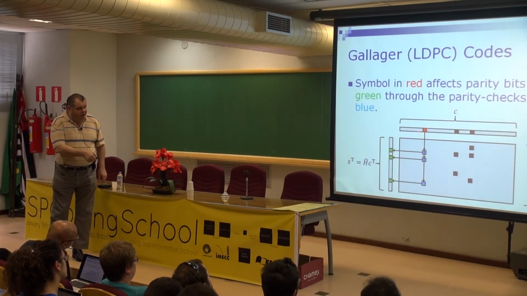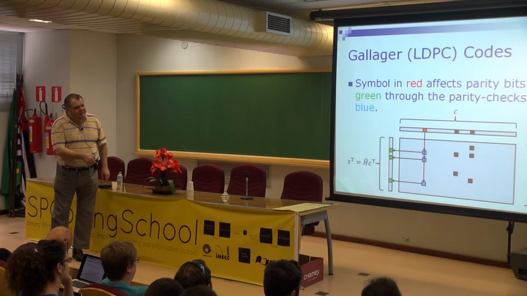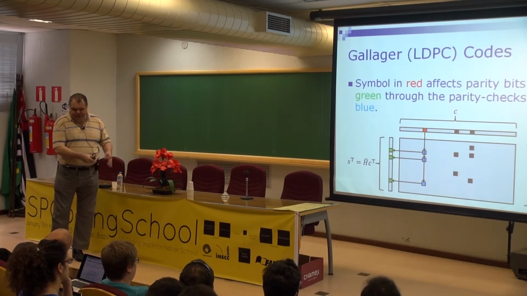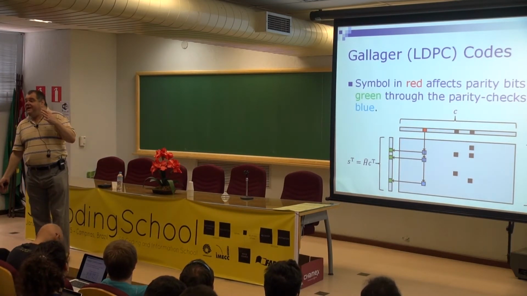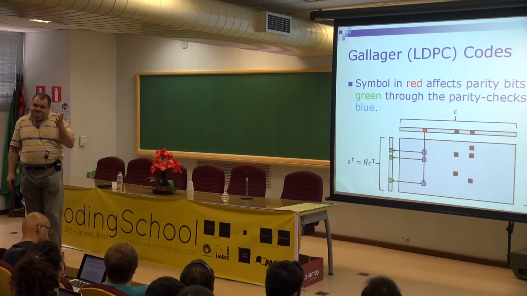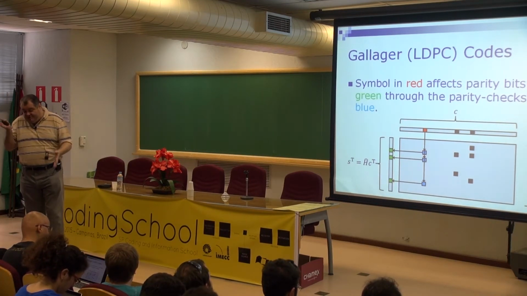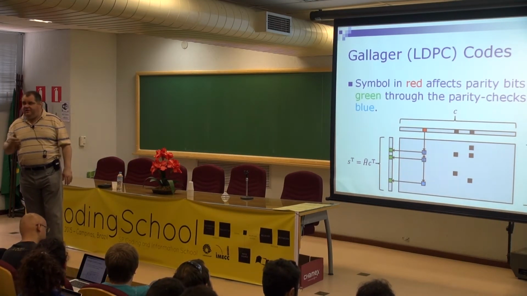This position on C contributes to parity checks in 3 positions. If one position contributes to a lot of parity check errors, then it's highly suspicious. It's far more suspicious than one position that contributes with just a few parity check errors.